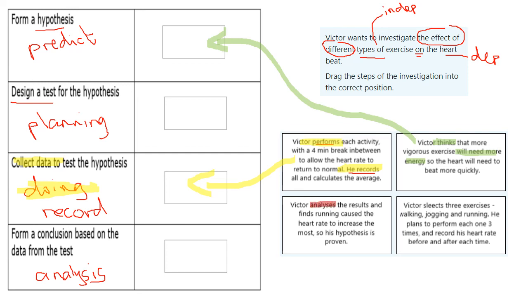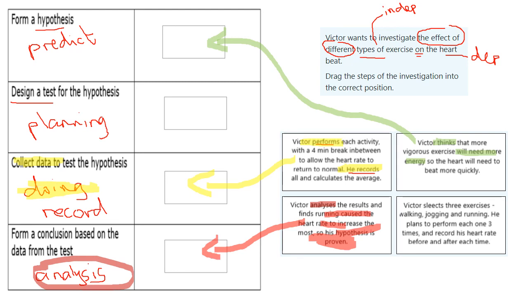Victor analyzes the results. Analysis. And he finds that running caused the heart rate to increase, so his hypothesis is proven. He concludes that he was correct. His hypothesis is proven. This is the conclusion.